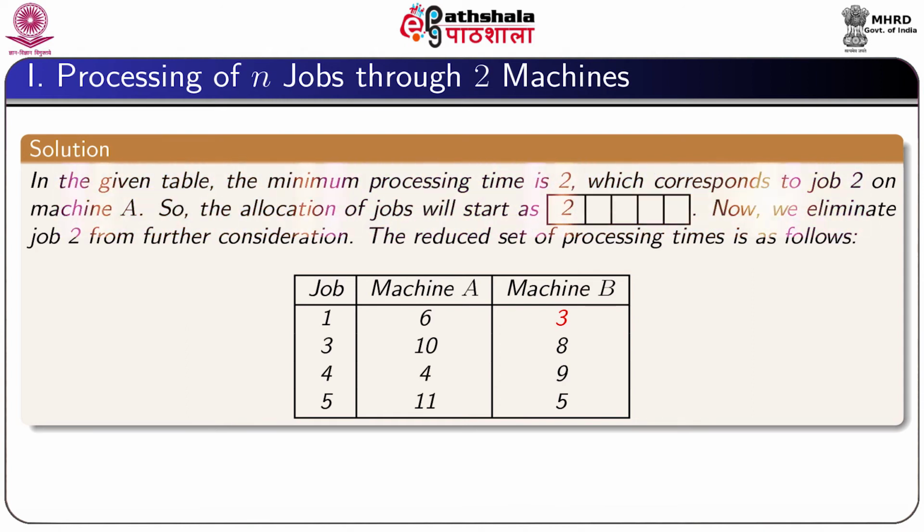Now, we eliminate job 2 from the table, and then the reduced set of processing times is as shown below. Now, we have 4 jobs 1, 3, 4, 5 and their processing times on machines A and B are shown in this slide.